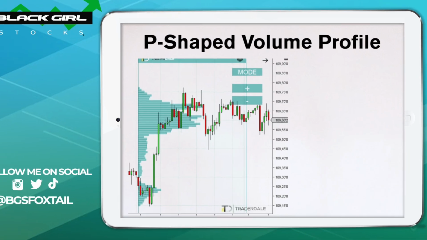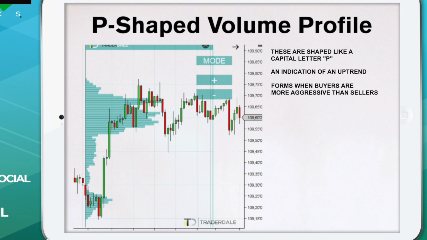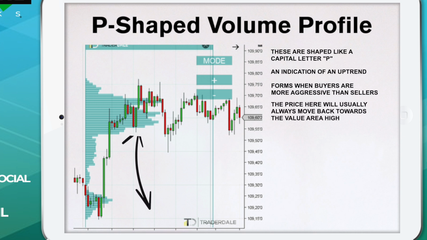Next, let's go to the P-shaped profile, and the P shape looks just like the capital letter P, and it's an indication of an uptrend. This shape profile is going to form when buyers are more aggressive than sellers. So you're going to see this either in an uptrend or closer to the end of a downtrend. The price here is usually going to retrace to the value area's high.